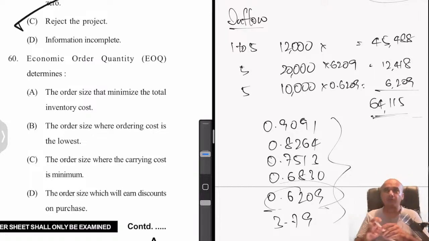Okay, economic order quantity determines the ideal order quantity, which in fact minimizes the total inventory cost. So how do we calculate? It will be calculated by considering the annual demand for a product, the ordering cost per order, and the carrying cost per unit. So therefore option A is in fact the right answer. Nothing much to do there.